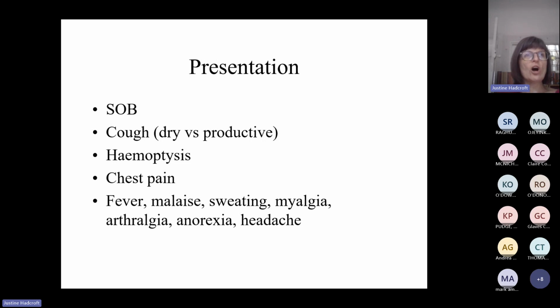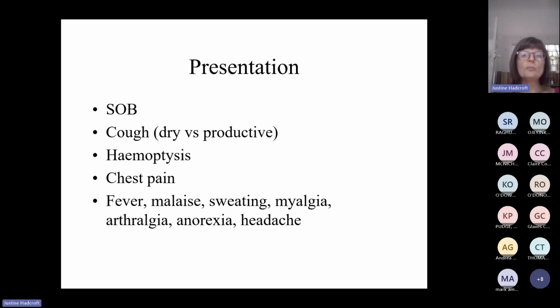So this sharp stabbing pain on inspiration, sometimes accompanied by a pleural rub. So that's pleurisy, inflammation of the pleura, which can be a consequence of pneumonia. Obviously, pleuritic chest pain and frank hemoptysis might send you down an alternative path.